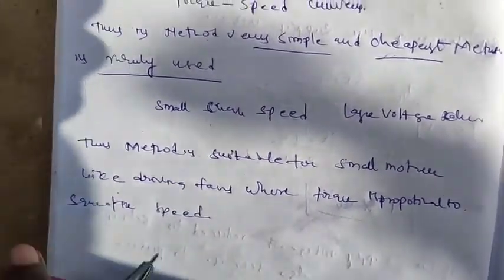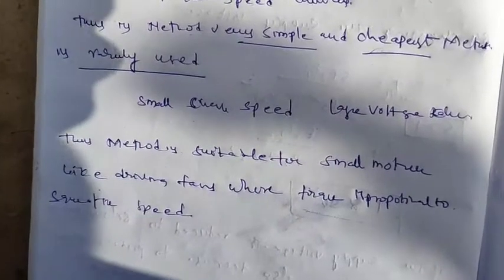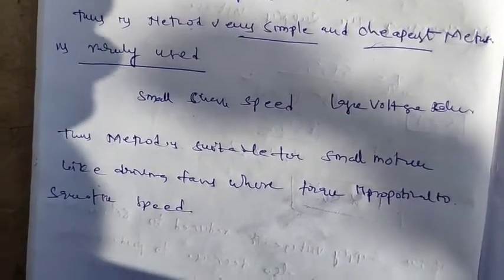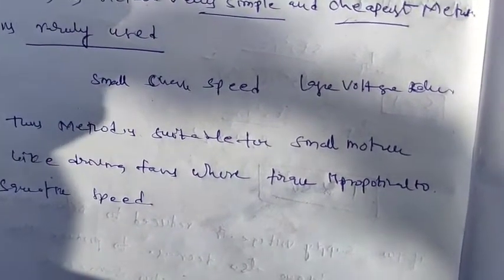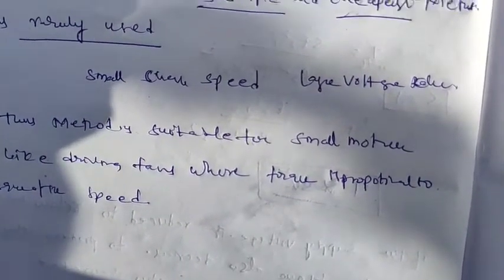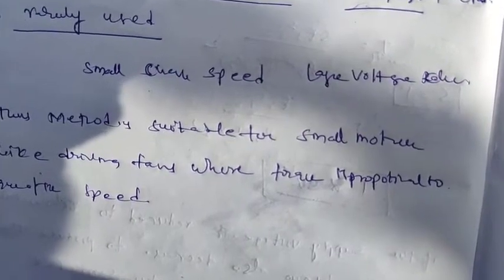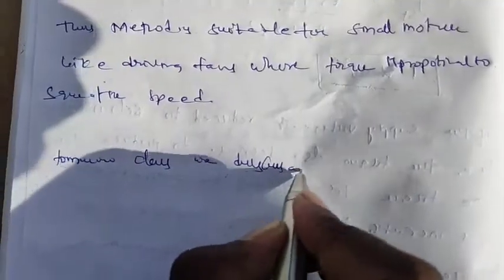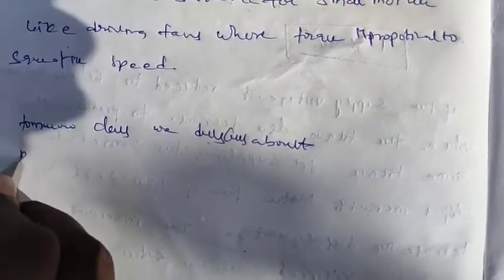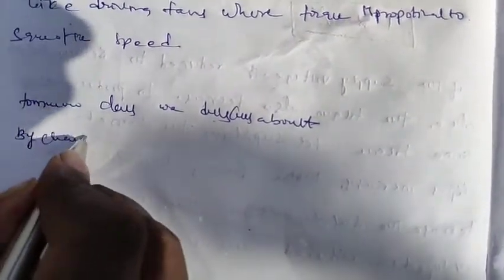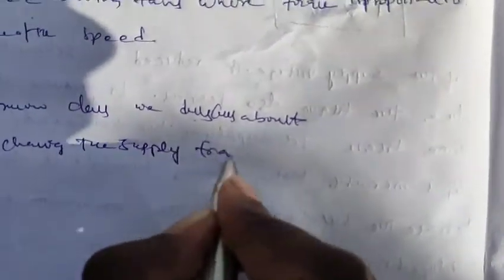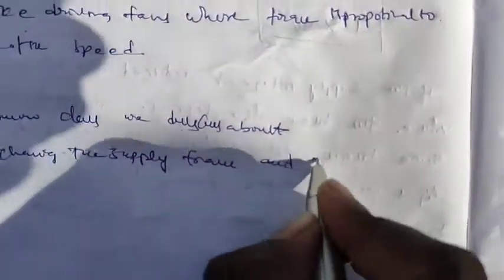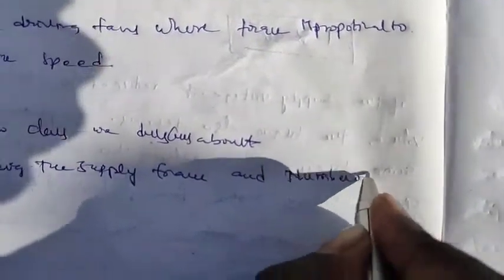The other methods are changing the supply frequency and the number of poles.